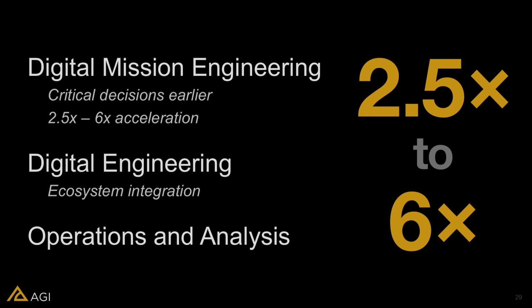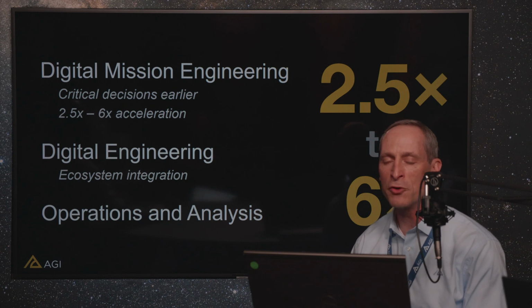The bottom line here is that what we believe the role for digital mission engineering is for engineering design, digital engineering in general, or operations and analysis, is that it enables the ability to make critical decisions or identify critical issues earlier in the process and leads to a substantial acceleration for the delivery of capabilities or operational decisions. And in the coming weeks, we'll address more detailed components of this.